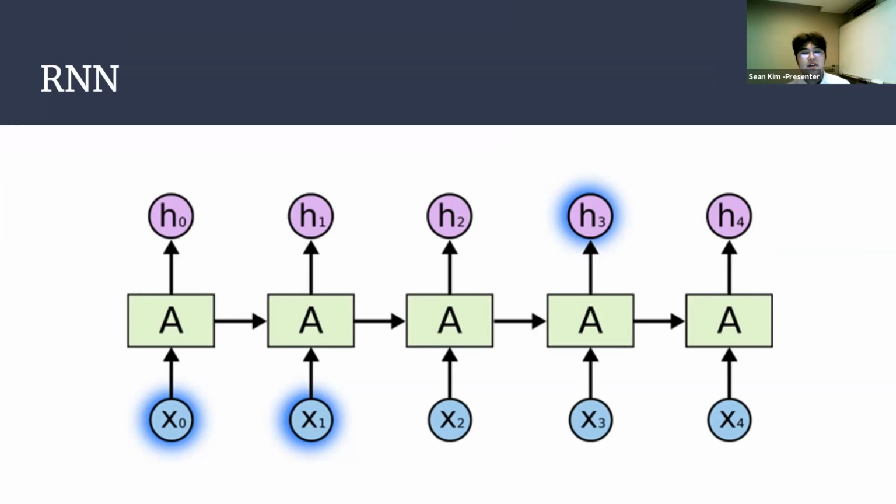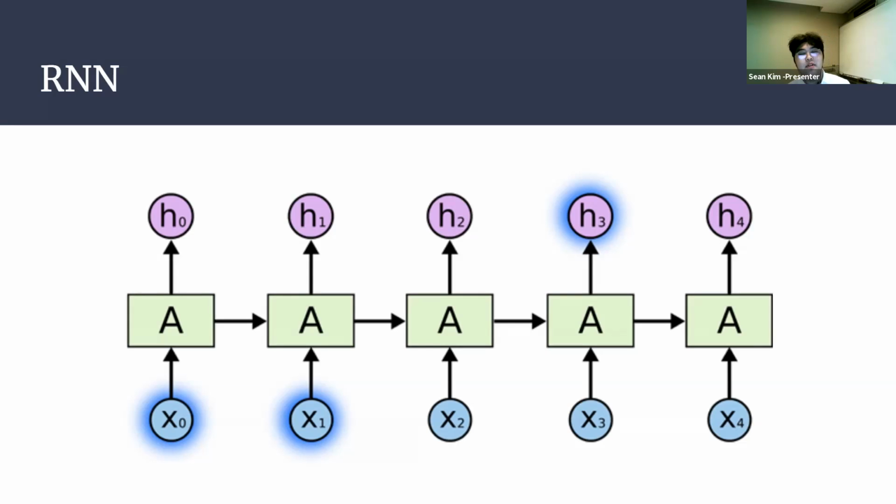That information clearly has nothing to do with what we're talking about right now. So we might not need to take information from something that happened so far back in the past. You might only need to take information from what happened very recently.